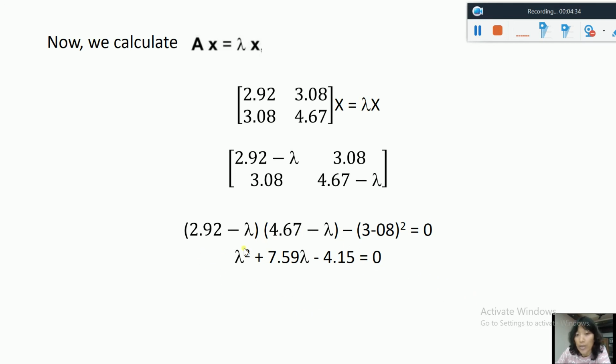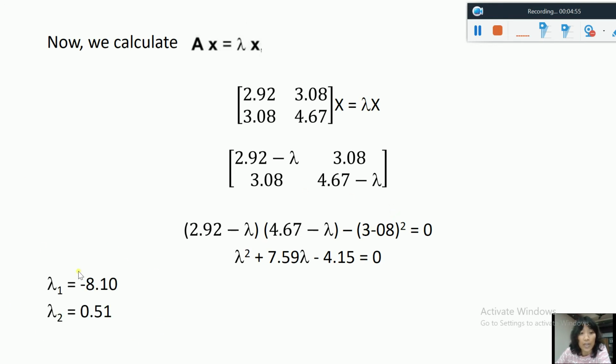So now it is a quadratic equation, and you know how to solve a quadratic equation: the roots are minus b plus or minus square root of b square minus 4ac, upon 2a. This is the general formula which we have remembered since our childhood.